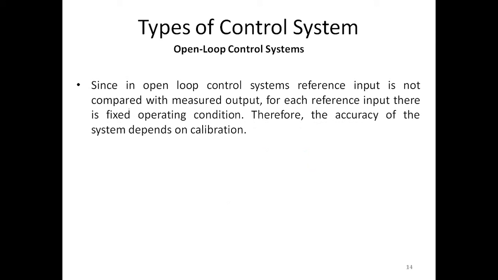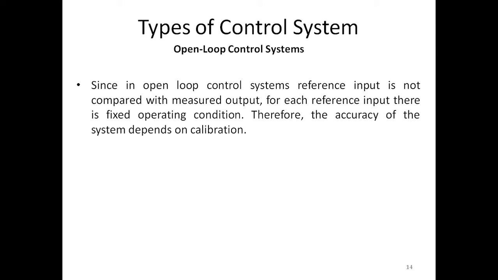In an open loop control system, the input is not compared with the measured output. For each reference input, there is a fixed operating condition. Therefore, the accuracy of this system depends on calibration. So we require calibration to get proper output.